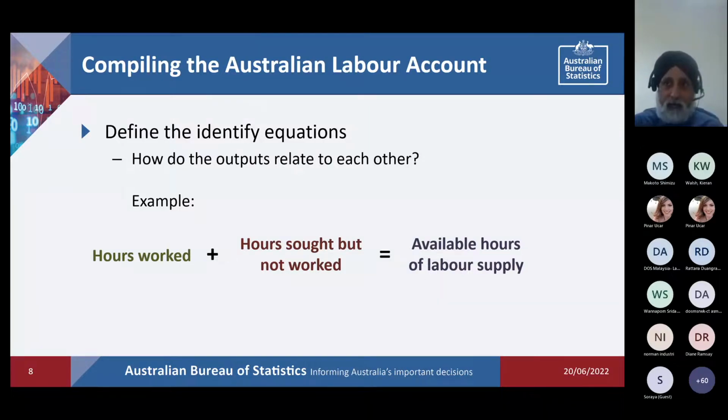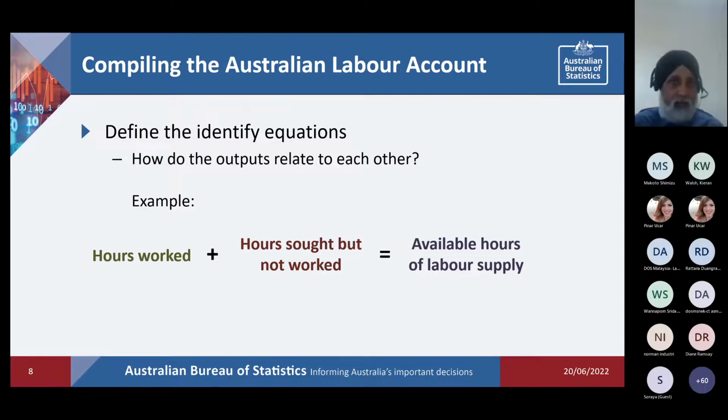For example, the hours actually worked plus hours sought but not worked gives the available hours of labour supply. You will need to consider which outputs and therefore which identity equations to include in your model. This will need to take into account your country's policy needs and how your labour account will be used in terms of addressing the data gaps.